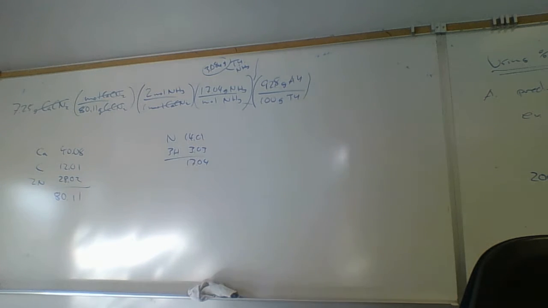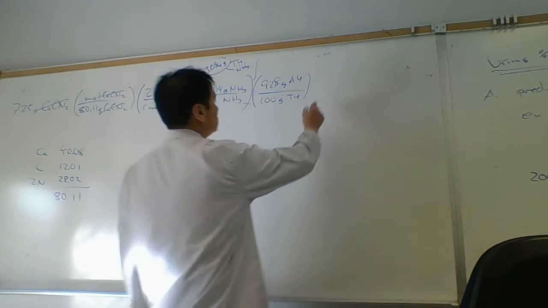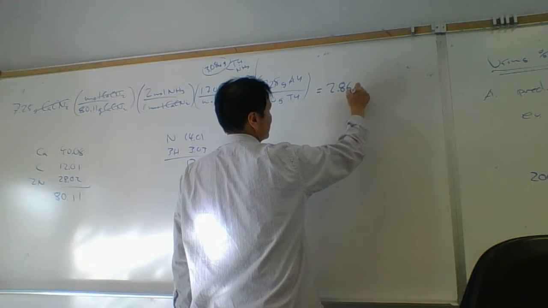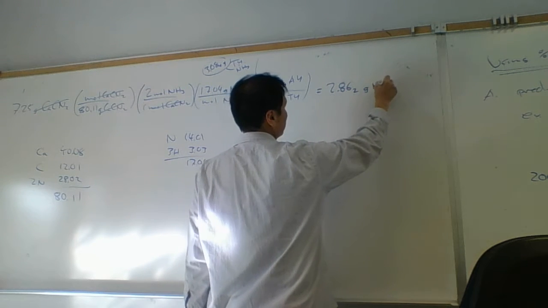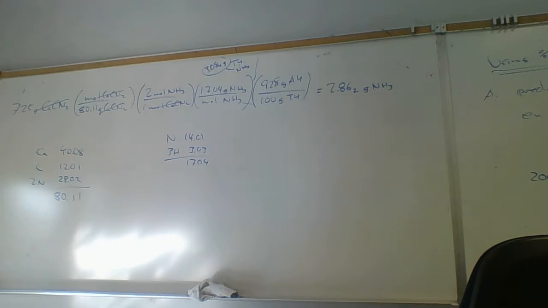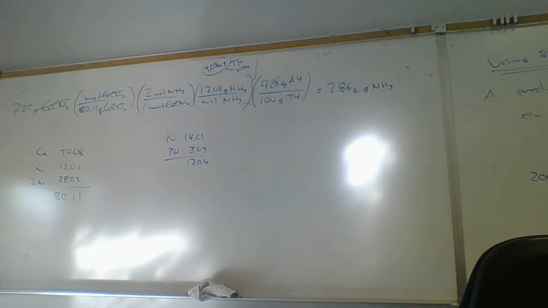I only have 3.08, so that's going to be times 92.8 divided by 100. 2.862. And so in actuality, I only expect 2.862 grams of ammonia. And so I'm going to lose a little bit of the ammonia due to losses.